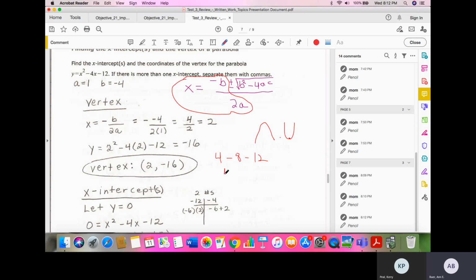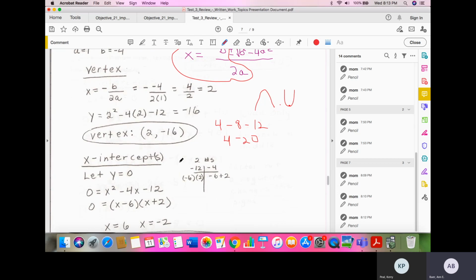We get 4. And then we have negative 8 minus 12. That's negative 20. And 4 minus 20 is negative 16. So that makes sense. So our vertex is, our x-coordinate is 2, comma, our y-coordinate is negative 16. Any questions on finding the vertex?